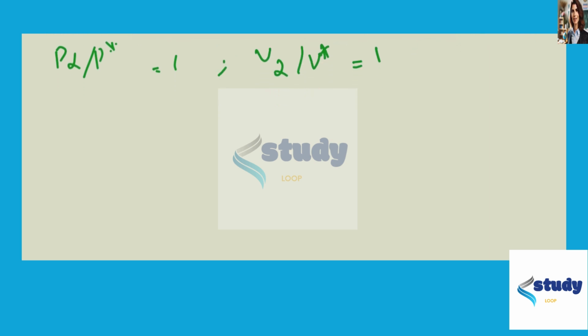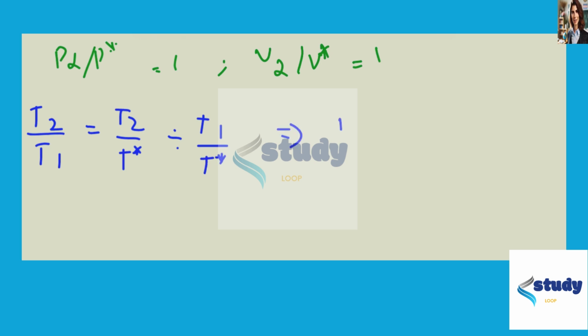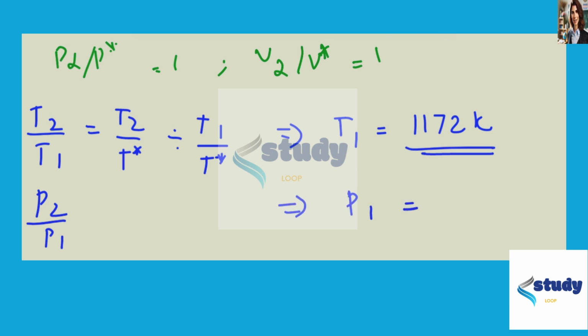So let's see. T2 upon T1 is equal to T2 upon T star divided by T1 upon T star. From this we get T1 to be 1172 Kelvin. Similarly, we have P2 upon P1, and from that we get P1 to be 351.3 kilopascal.